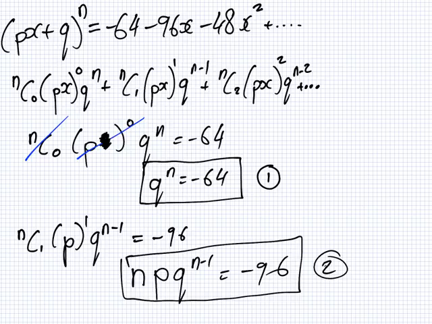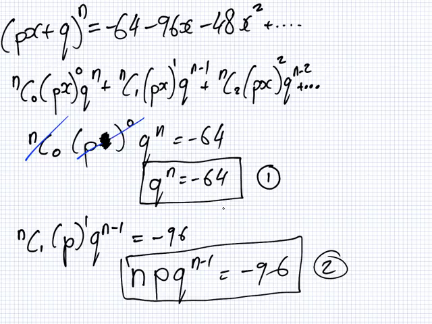Now I'm trying to match my calculation up with the answer. If I want my first term to be the first term in the answer, this power would have to be 5, and so the q powers would be 0, 1, 2.